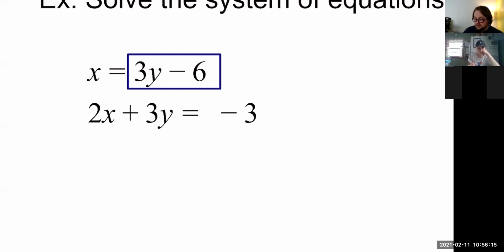So I go into step 2. It says, substitute everything from the box, which in this case is 3y minus 6, into the appropriate variable of the other equation. So now I remember I have a second equation, and there is an x in that equation as well. Well, according to the first equation, x is the same as 3y minus 6.